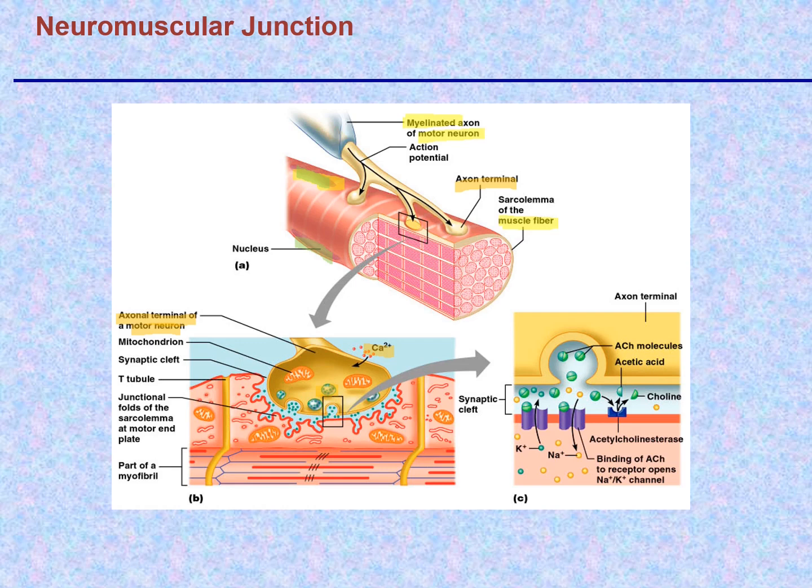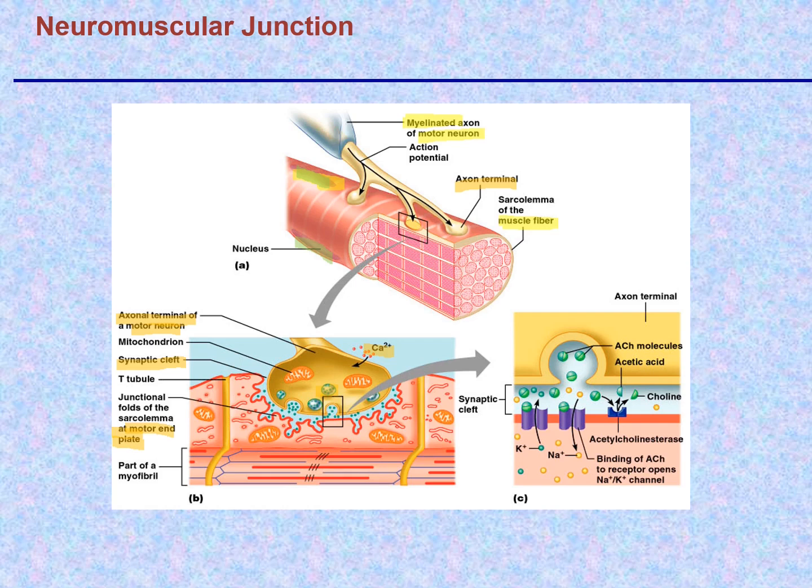And the acetylcholine neurotransmitter goes into the synaptic cleft, the space between the skeletal muscle fiber and the axon at the neuromuscular junction. It diffuses across and then can bind to acetylcholine receptors that are found on the motor end plate, the sarcolemma at the motor end plate.